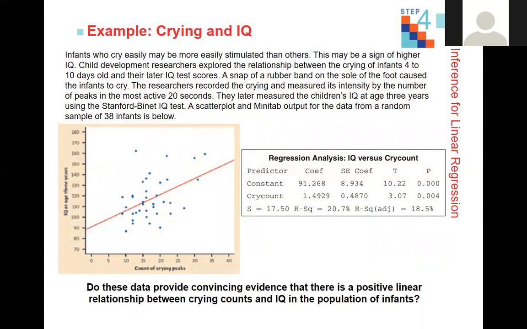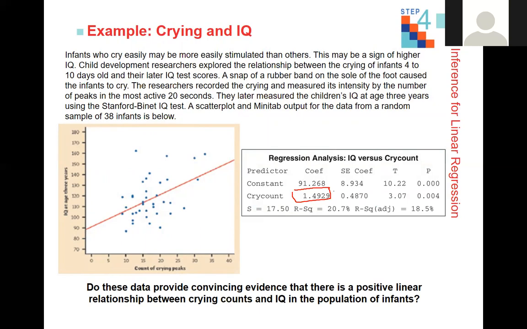Here's our example. This time we're not going to deal with a whole bunch of calculator nonsense like we did the other day. Today we are using the table. So the key parts of the table: here's our slope, since it's attached to my x variable.